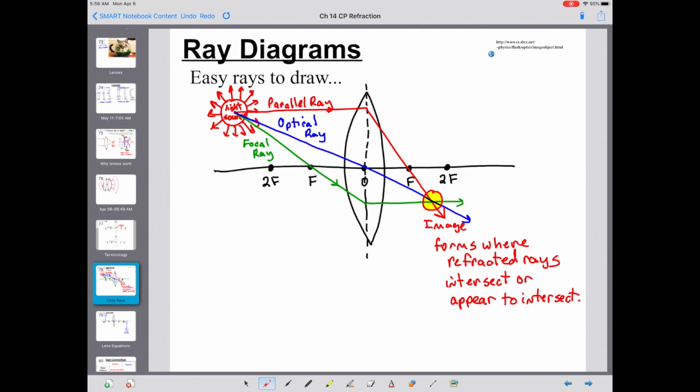And because they actually intersect, that would mean this is a real image because the light actually goes there. Remember, with reflection, we talked about real images and virtual images. When the ray actually goes there, it is a real image, and this is something that could be projected onto a screen. A virtual image is an image formed where the rays do not actually pass. In the case of reflection, that was behind the mirror. We will see some virtual images also with lenses.